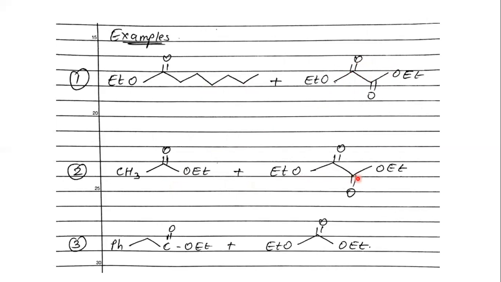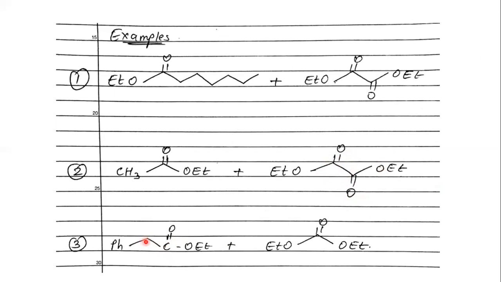If you look at the second example here, this ester molecule has an alpha hydrogen, and this is going to react and form your nucleophile, your enolate. This molecule, if you see here, again does not have alpha hydrogen, so this is going to be your electrophile. In the last example, the carbonyl carbon is here.